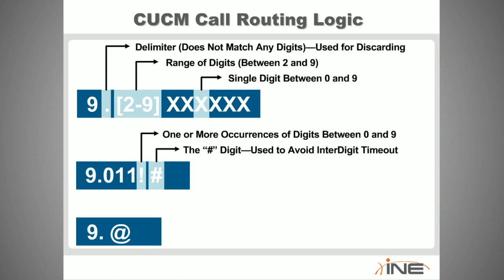Okay? So the only way that it's avoiding interdigit timeout is that we have now put an end to the possibility of matching multiple occurrences of that last ballbat, or exclamation.